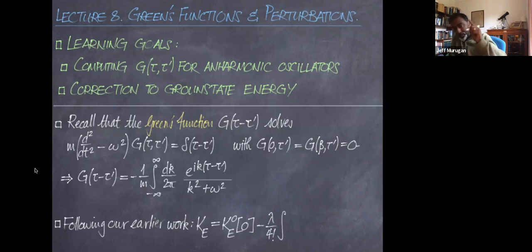Remember, this came from Taylor expanding an exponential, times an integral over tau of delta by delta J of tau to the 4, which means 4 applications of this functional derivative on K_E naught of J, and then I evaluate all of that at J equals naught.